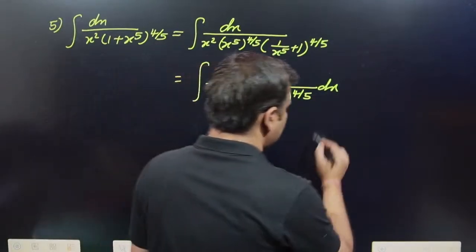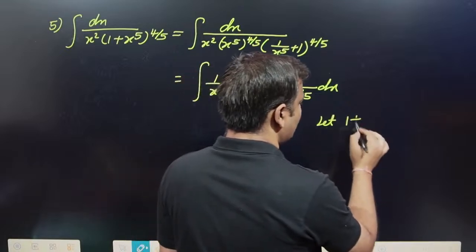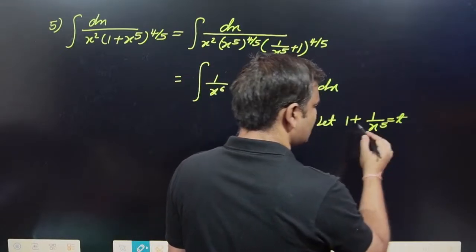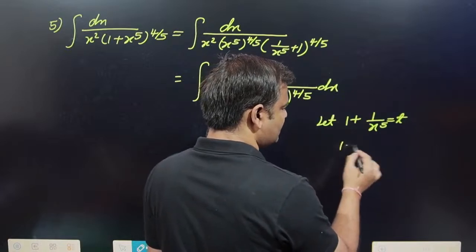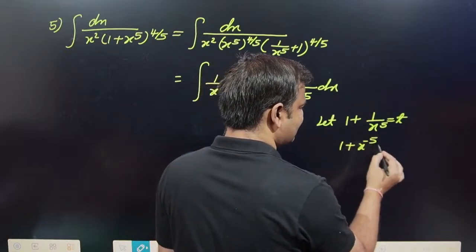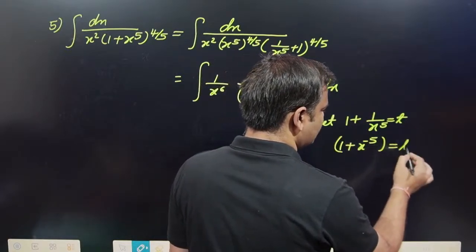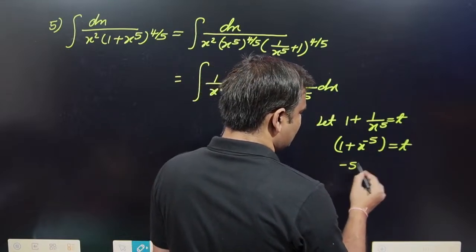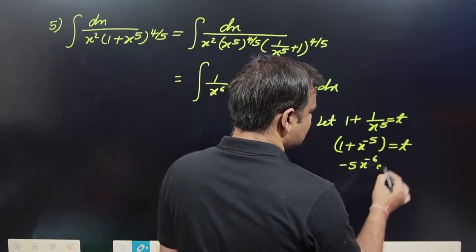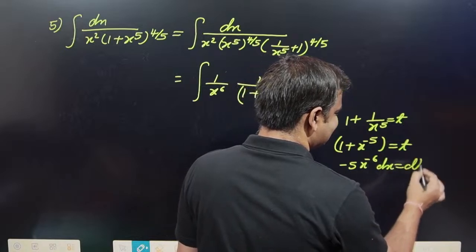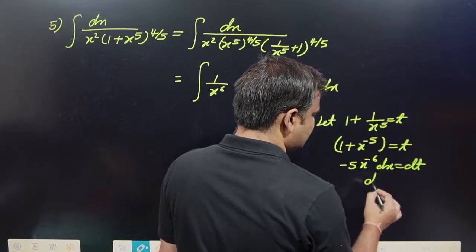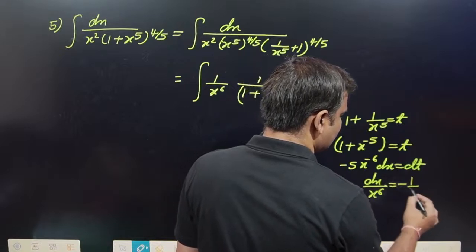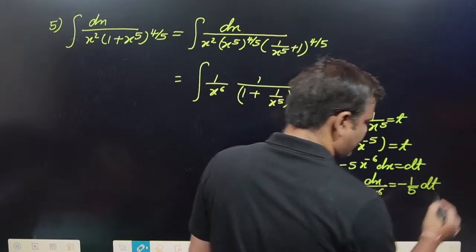Let 1 plus 1 by x to power 5 be t. If we differentiate both sides with respect to x, we get 5 x to power minus 6, so dx divided by x to power 6 will be equal to minus 1 by 5 into dt.